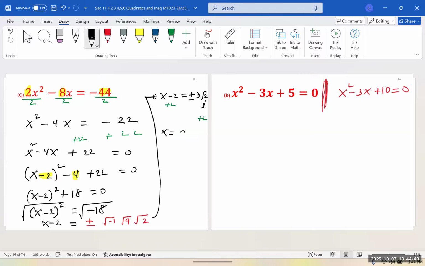So x equals 2 plus minus 3 root 2 i, which is x equals 2 plus 3 root 2 i, and x equals 2 minus 3 root 2 i. They're imaginary, so they're not real. But good thing we didn't have to plot them.